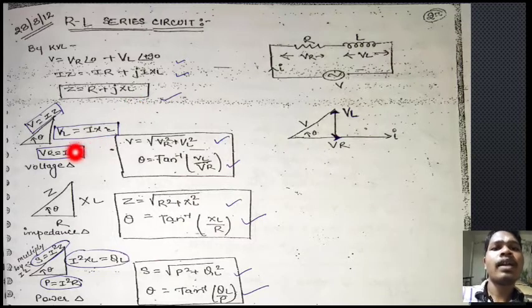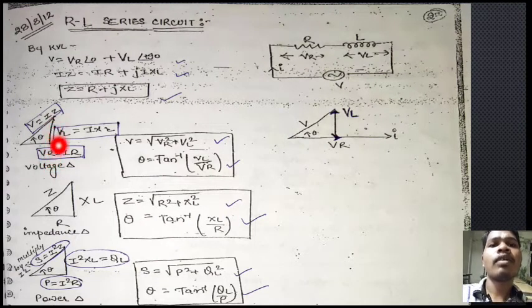So for the voltage triangle, the base quantity is the voltage across the resistance, the perpendicular is the voltage across the inductance, and the hypotenuse is the total or resultant voltage, with theta being the angle between voltage and current.